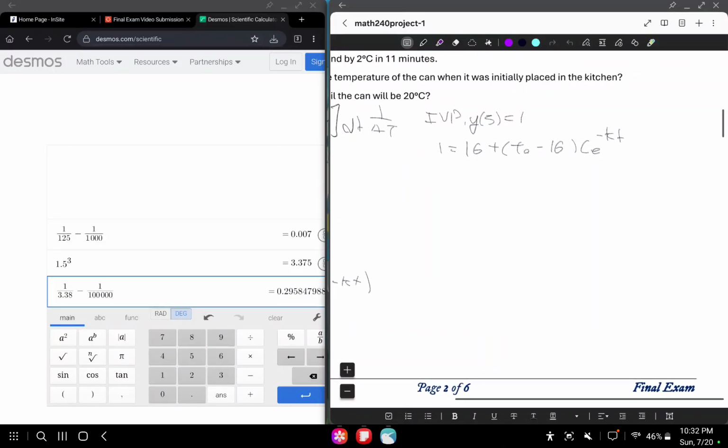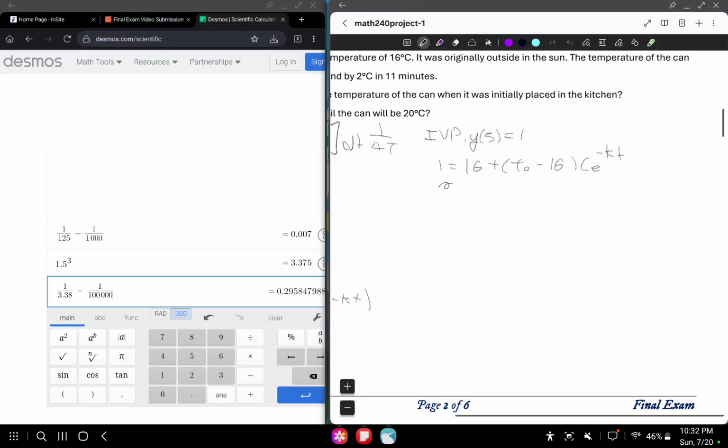Replace everything with 5, so 1 equals 16 plus (T0 minus 16) e to the negative 5k.